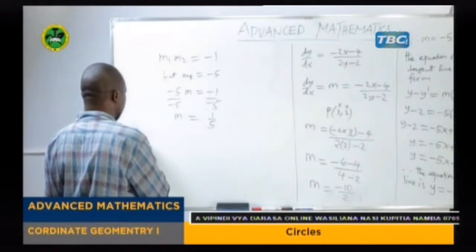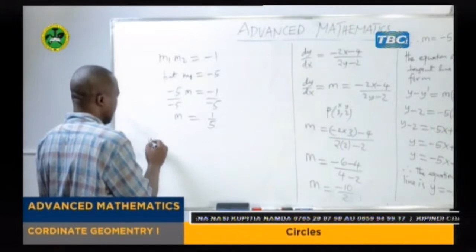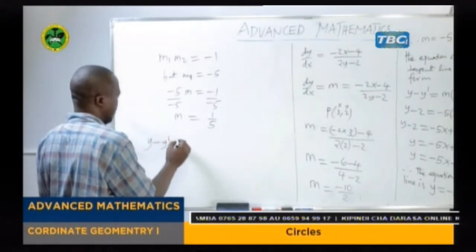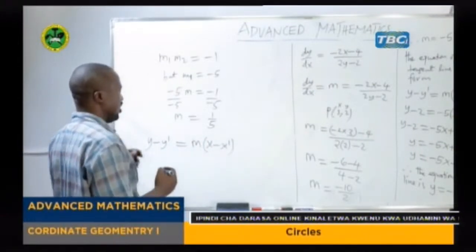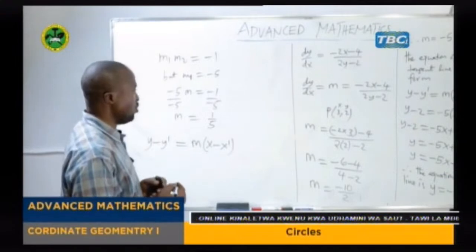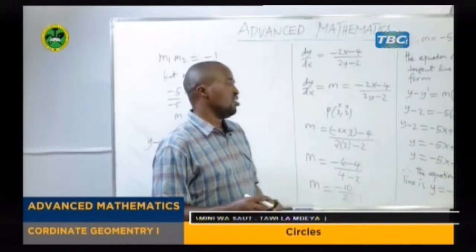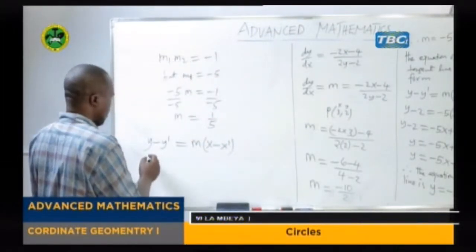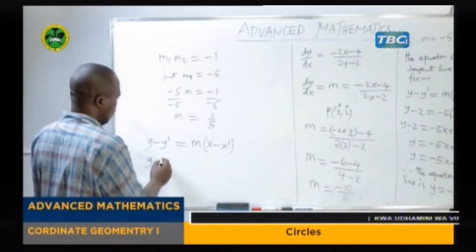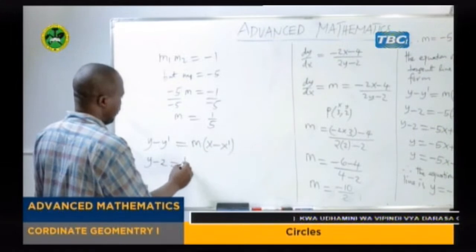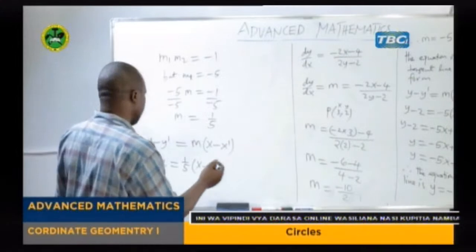So again, the equation of the normal is given by y minus y dash is equal to m times x minus x dash. So we use our coordinate. Remember, our coordinate is given by 3, 2. So that is y minus 2 is equal to m, which is 1/5, then x minus x dash, that is 3.